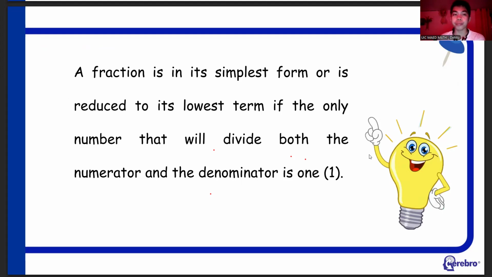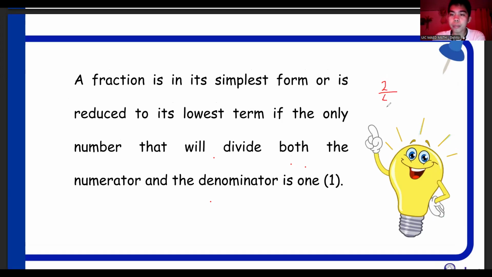Bakit? Kasi, if you can divide a number with the same number, for example, 2/4, is 2/4 in its simplest form? Let's illustrate. Yan siya. Is 2/4 in its simplest form?